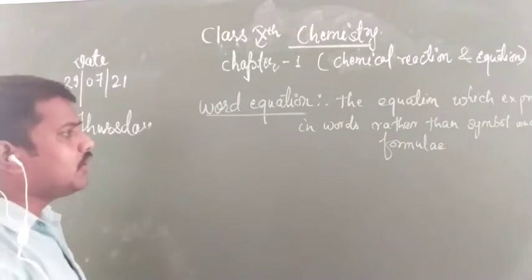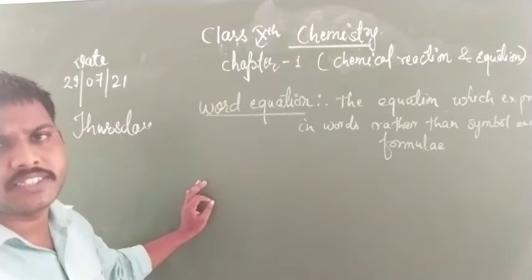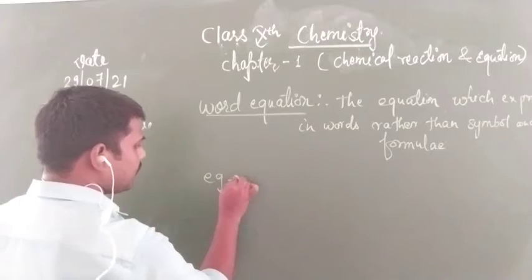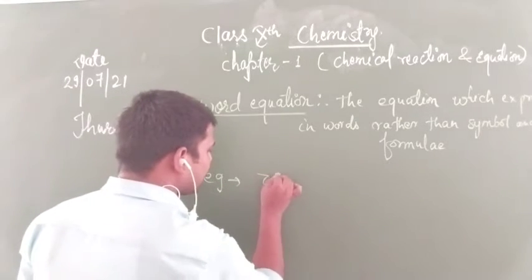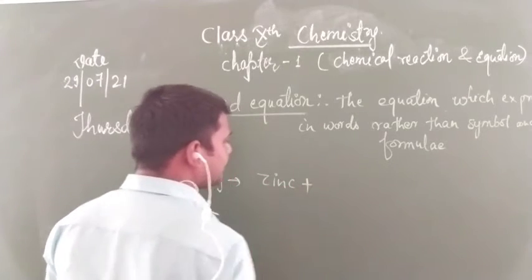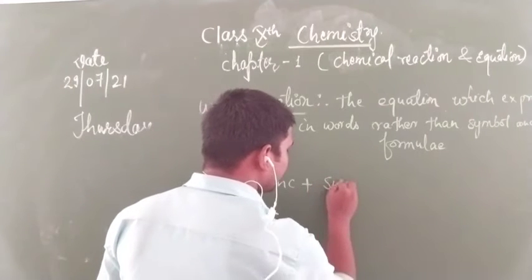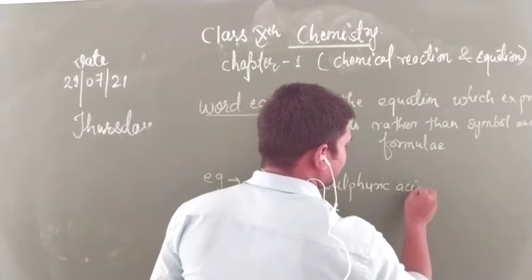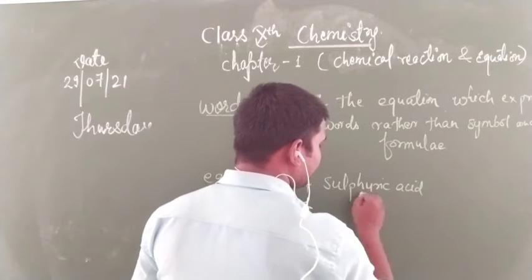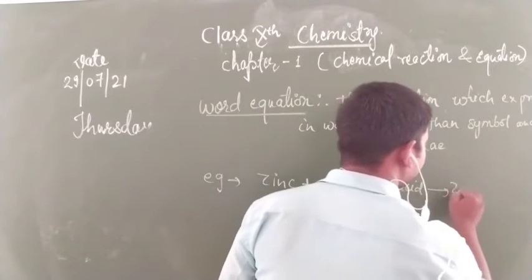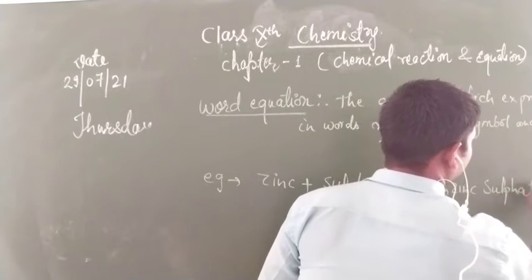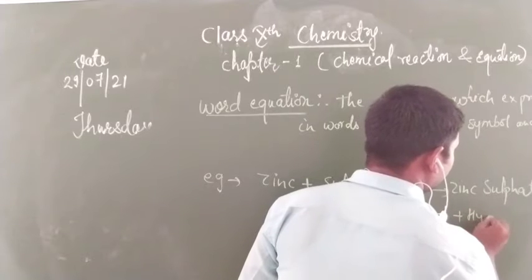Clear? Now let us take an example to understand this clearly. For example, zinc reacts with dilute sulfuric acid, gives zinc sulfate and hydrogen gas.